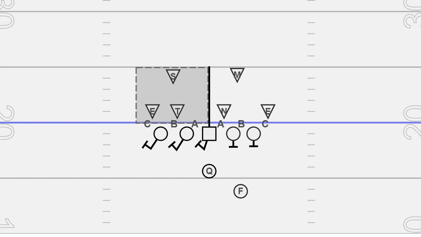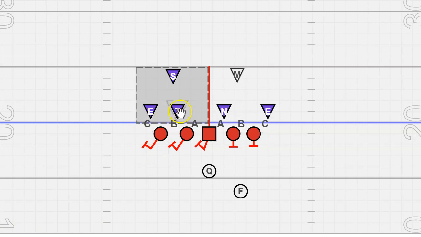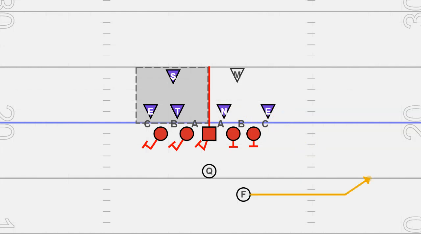In fact, the only difference between the two is that Roger and Louie are five-man protection. 1, 2, 3, 4, 5 offensive linemen, accounting for 1, 2, 3, 4, 5 defensive players, allowing the F to free release into his route and requiring the quarterback to be accountable for the sixth unblocked defender.